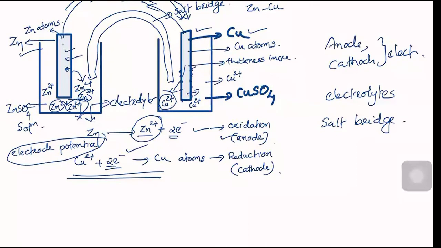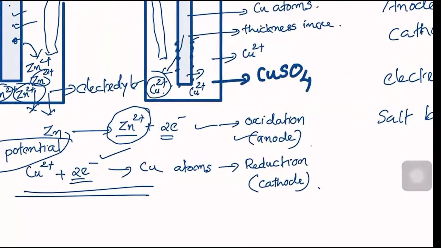Very important point. To get electric current, we require an anode which gives electrons or undergoes oxidation, and we require a cathode to accept electrons, or undergo reduction. So the total reaction contains both oxidation and reduction.